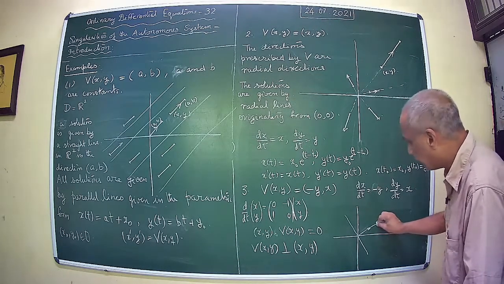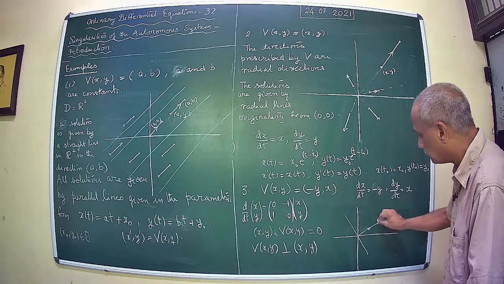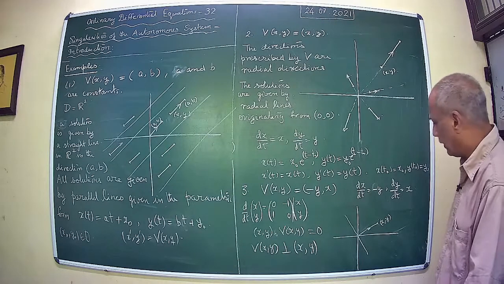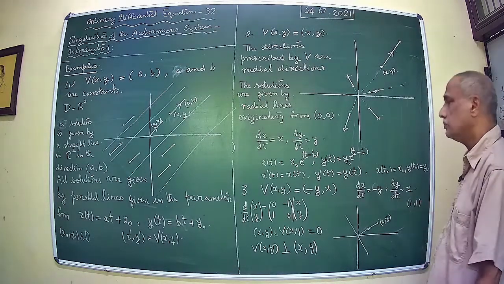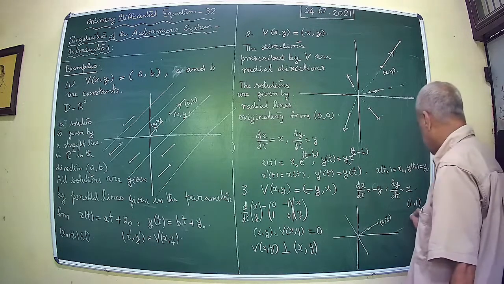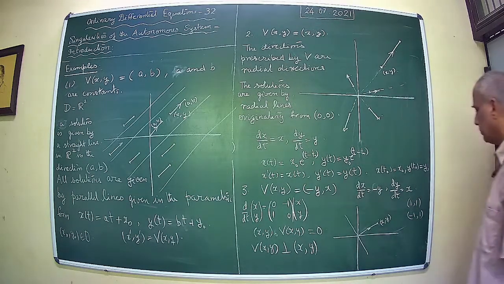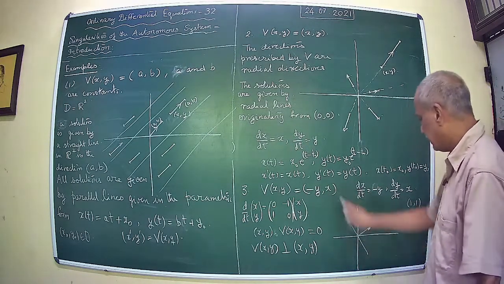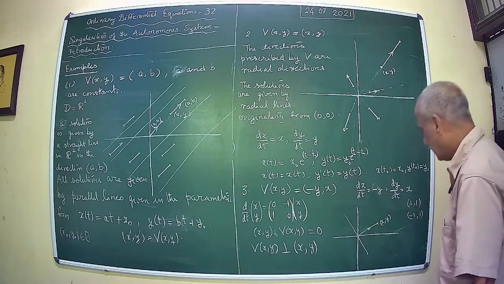Let us take a point in the first quadrant. For instance, let us take (1, 1). What is the vector? The vector is going to be (minus 1, 1). Okay. So (minus 1, 1) is in the second quadrant.